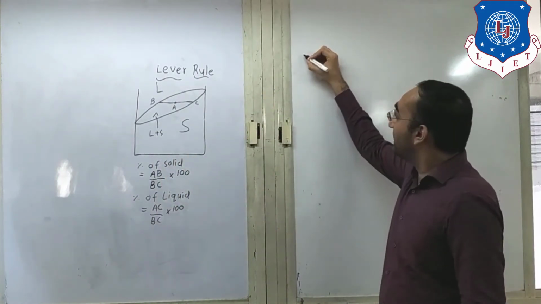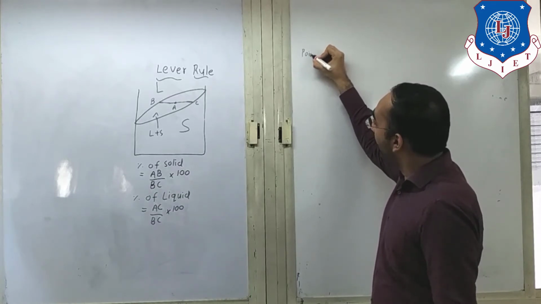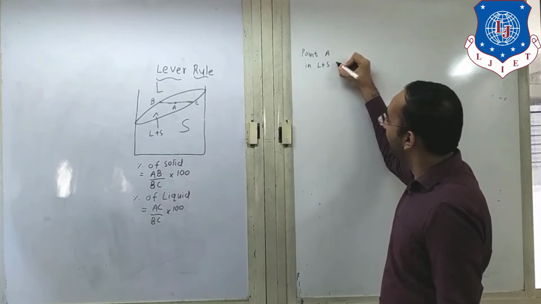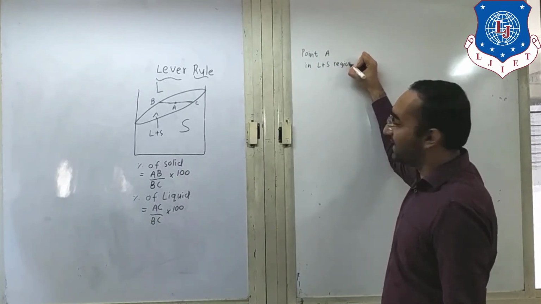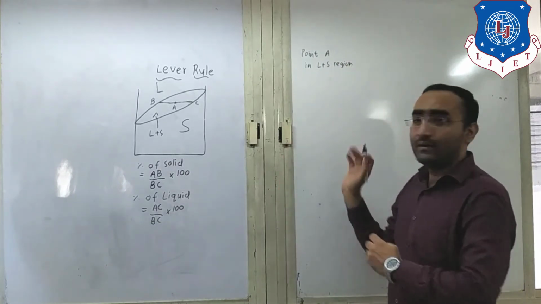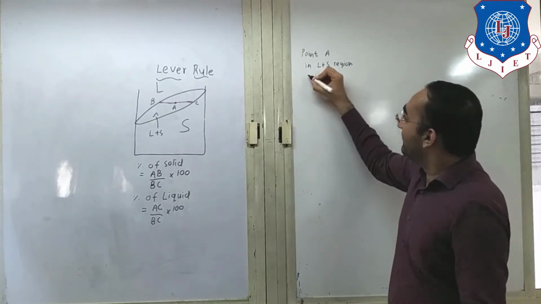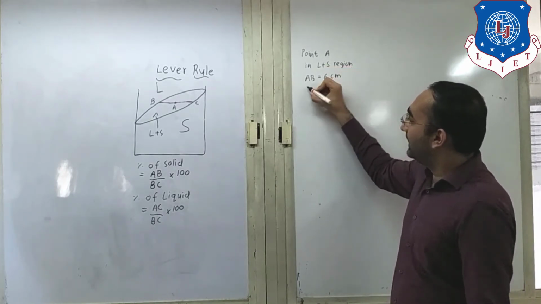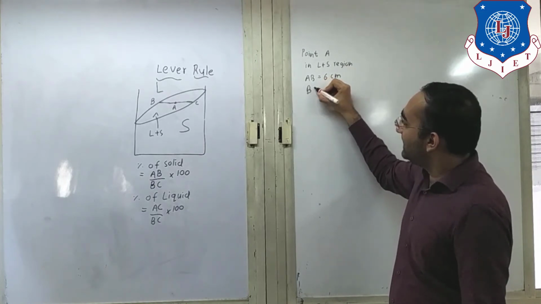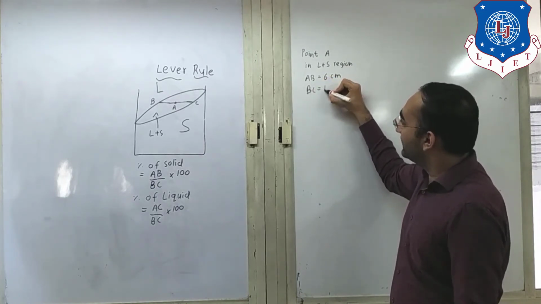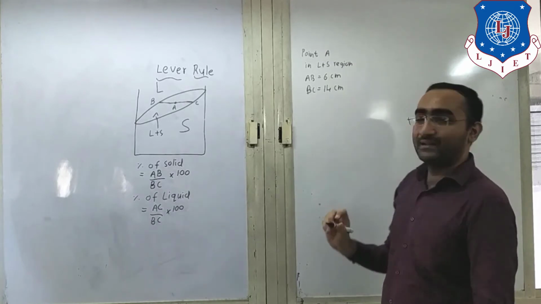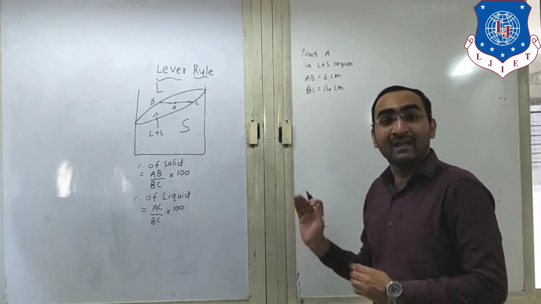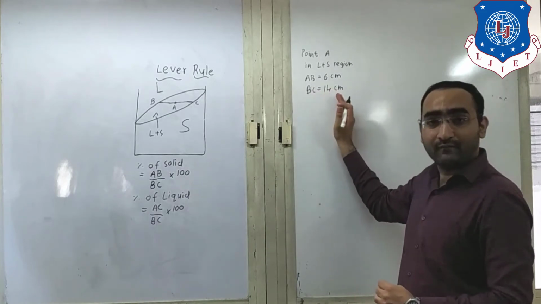Suppose there is a point A in the liquid plus solid region, and we are given AB equal to 6 centimeter and BC equal to 14 centimeter. For this case, what will we do?